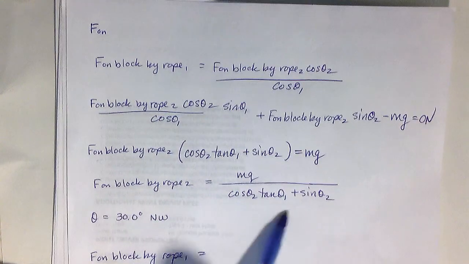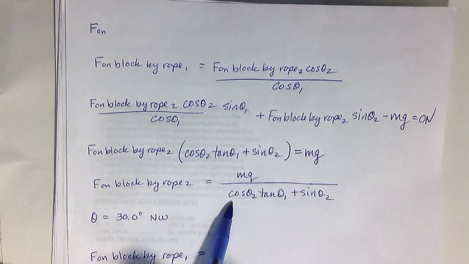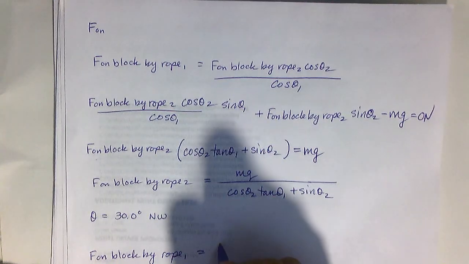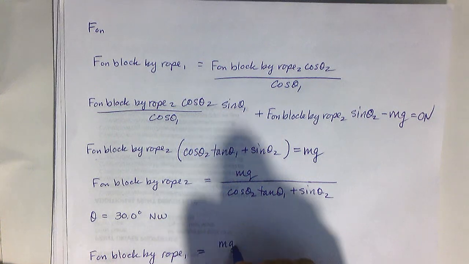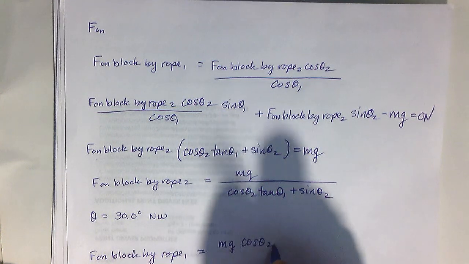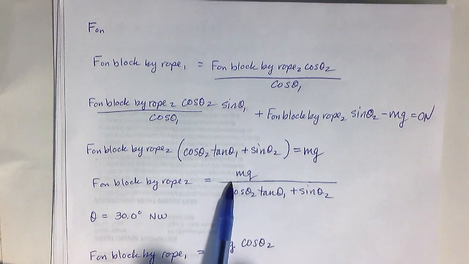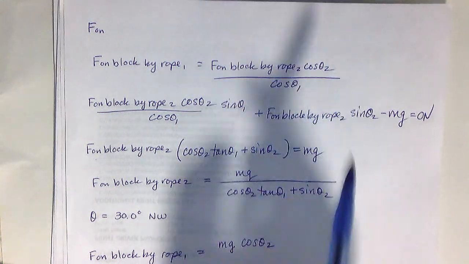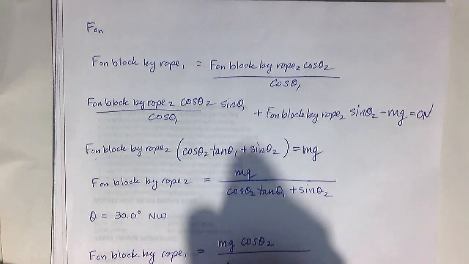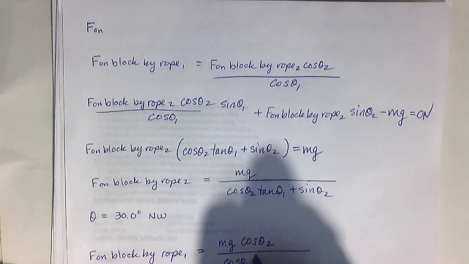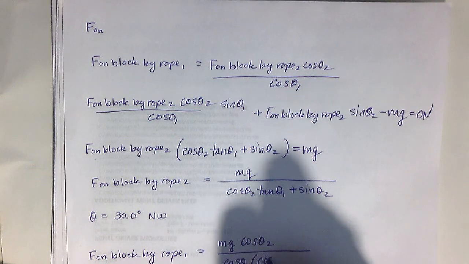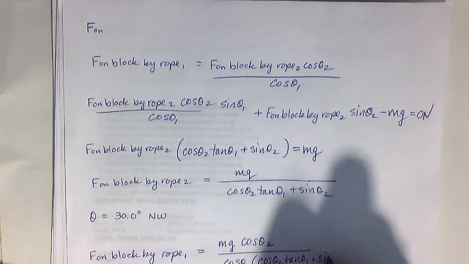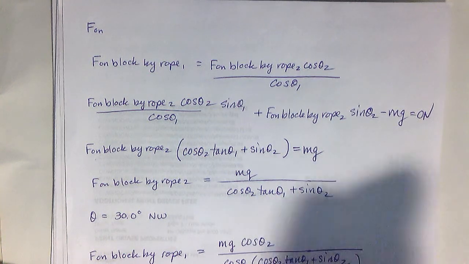So I end up with mg cosine theta 2 divided by cosine theta 1 times the quantity cosine theta 2 tan theta 1 plus sine theta 2.